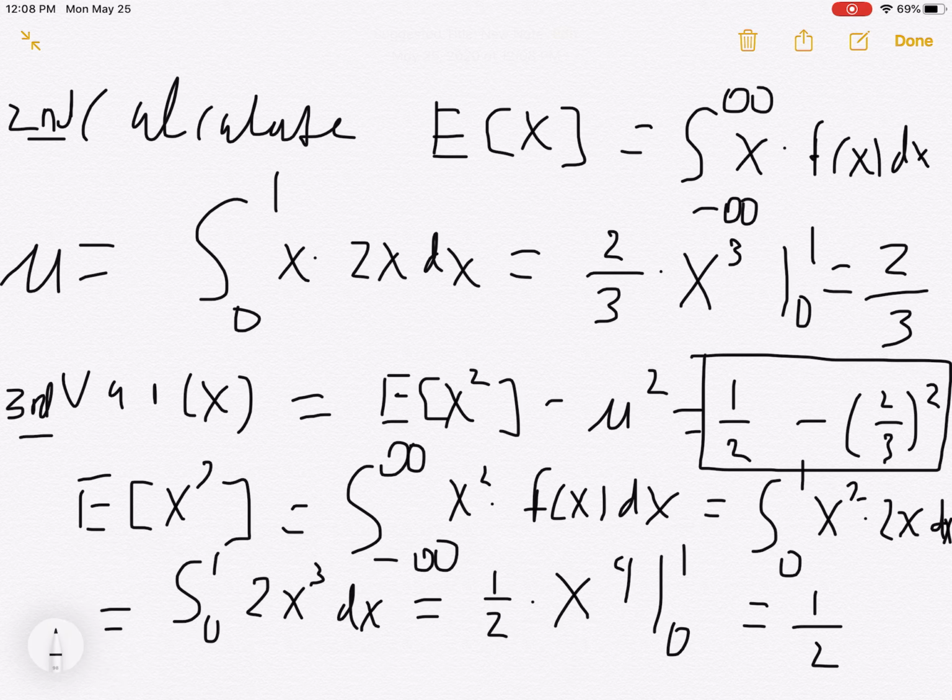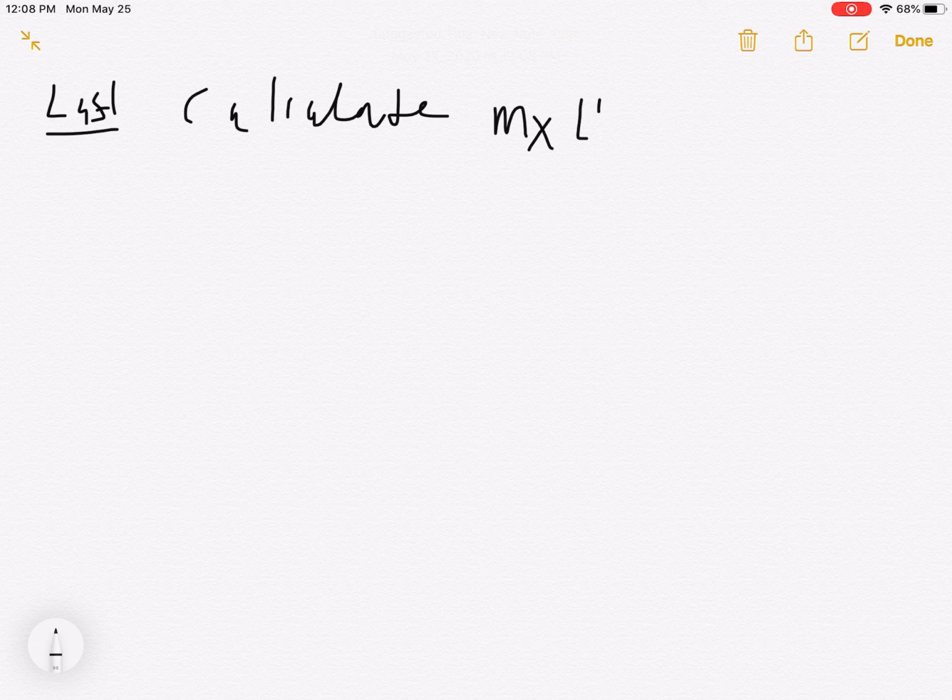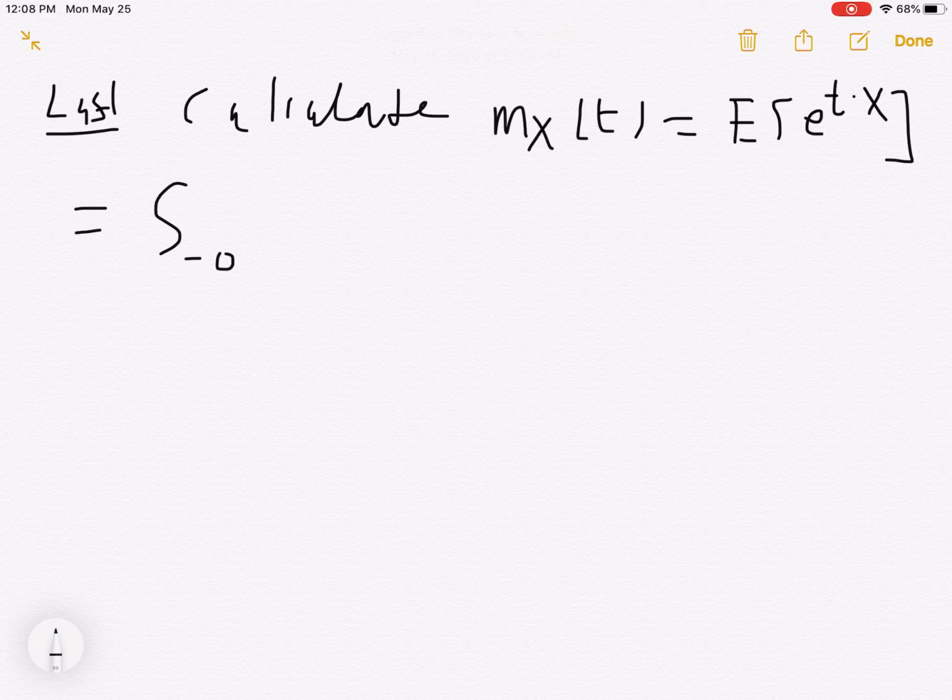So we calculated variance, and finally, for the last thing I'd like to calculate, the moment generating function, M_X of t. That's defined to be the expected value of e to the t times x, which is this integral from minus infinity to infinity of e to the t times x times f of x dx.